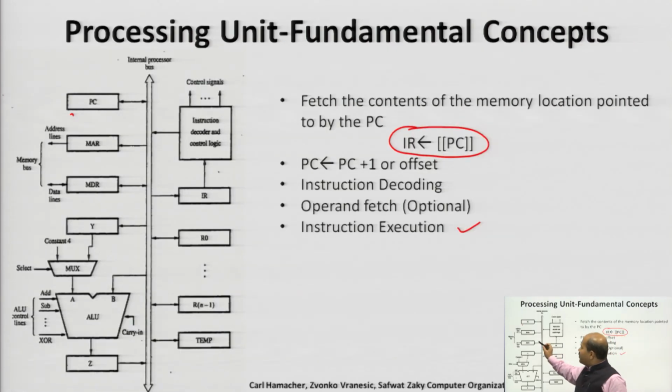So, let us go with the previous figure. Suppose here is your memory, and these MAR and MDR are connected with the memory. So, MAR will provide an address, and from memory the corresponding data will be transferred to MDR. Whatever data is to be fetched or stored in memory will come through MDR only. So, after a few clock cycles this fetch operation will be over and the corresponding data will be available in MDR.